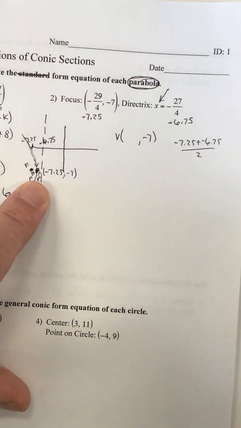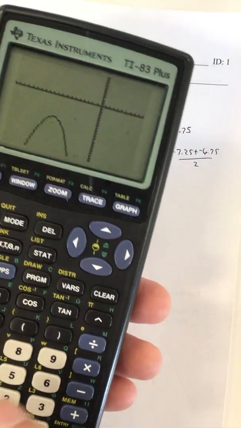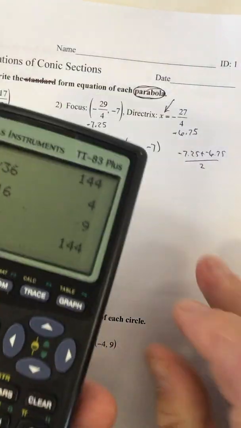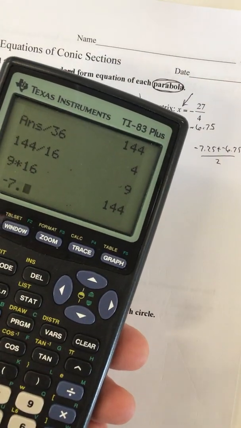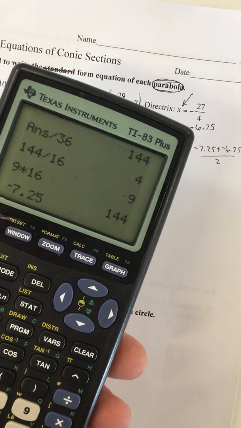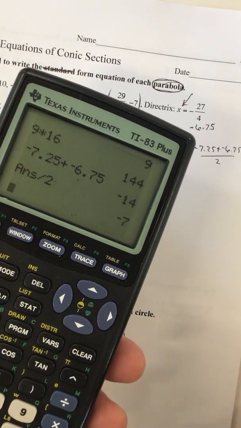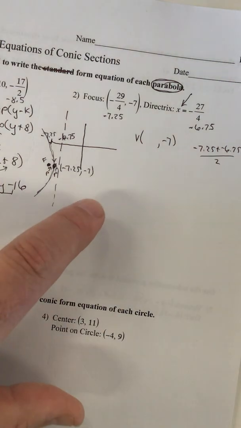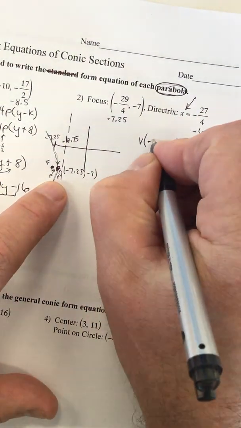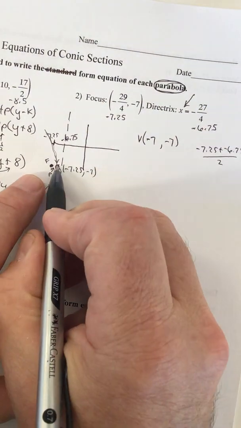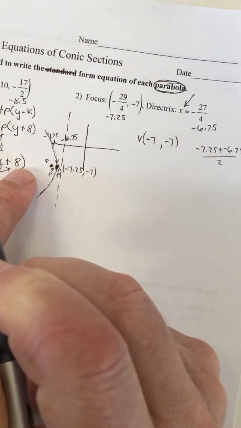Halfway is you just add them up and divide by 2. Or you can probably do this one in your head, but if not, negative 7.25 plus negative 6.75, cut that in half. It's negative 7. Negative 7 is halfway between there. So there's the vertex. That vertex is at negative 7, negative 7.